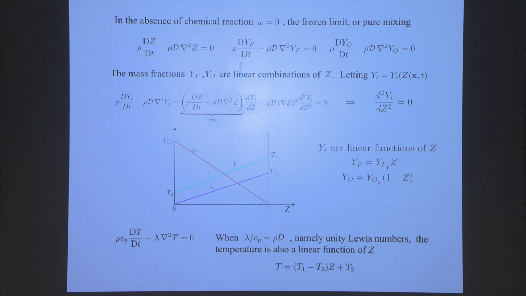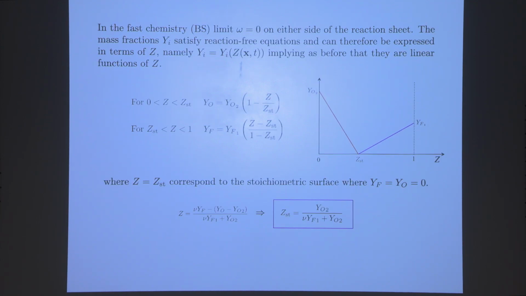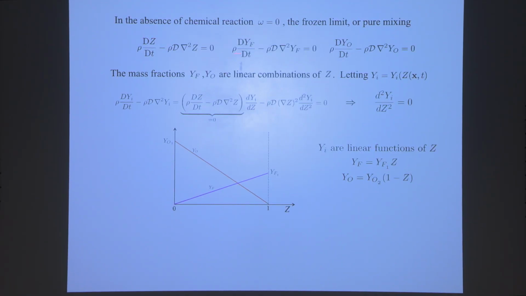Okay? So that's nice for the frozen limit. What about the other limit, complete combustion? Well, it's also true that these equations are equal to 0 on the right-hand side, either on the fuel side or on the oxidizer side.